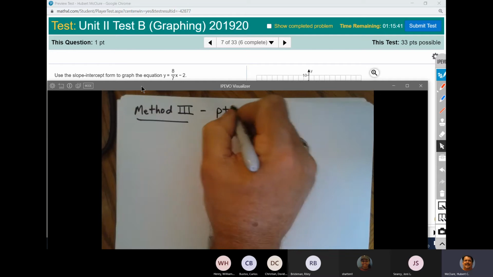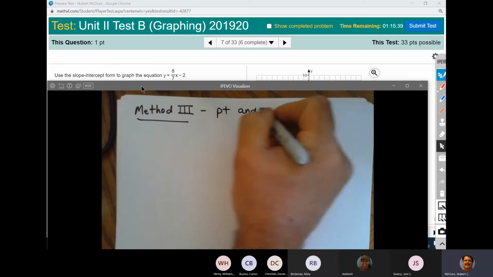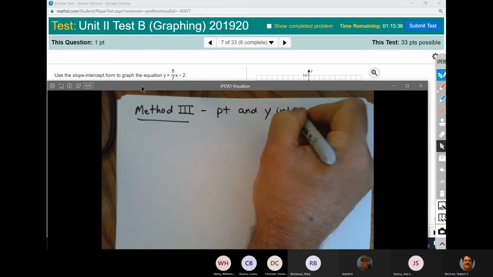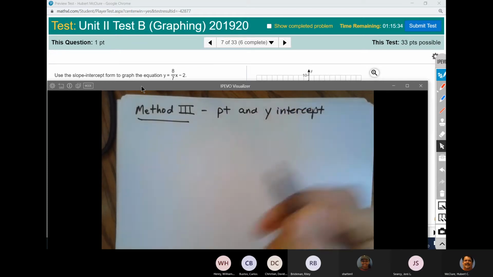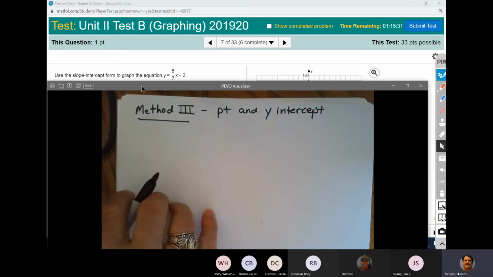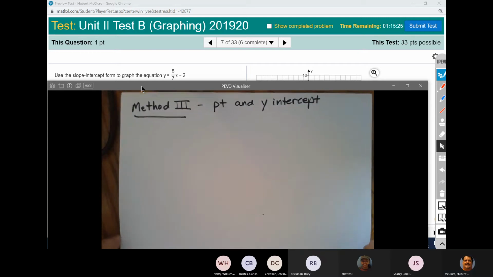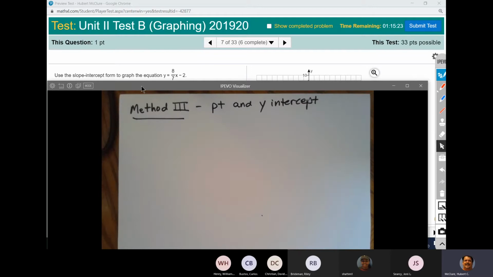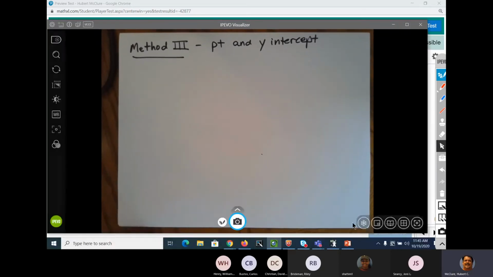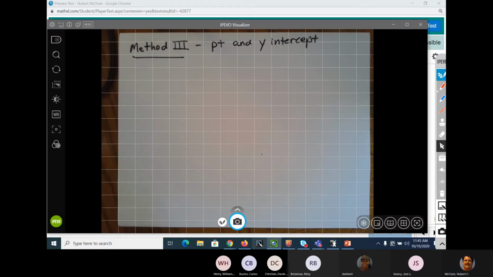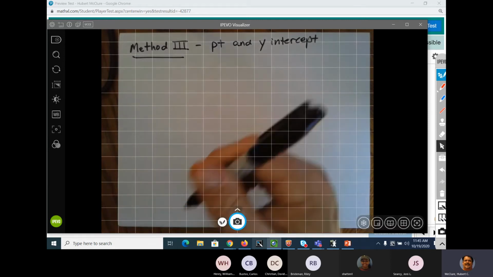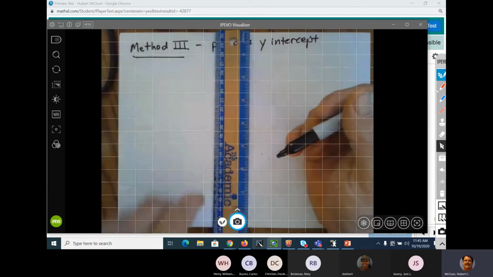Point and y-intercept. So I'm going to take my highlighter out, turn my grid back on, and I'm going to draw a line with this ruler best I can.